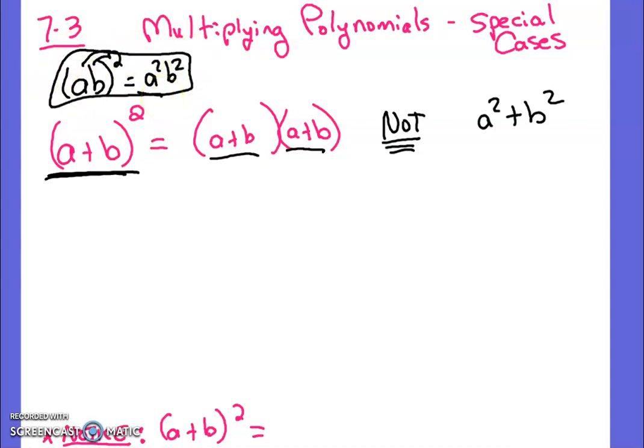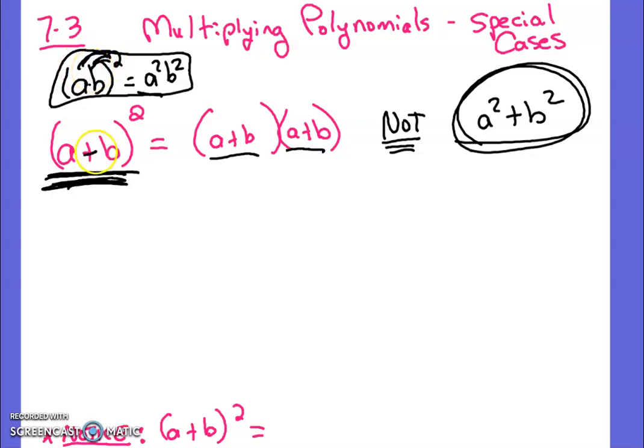But remember that rule only applies if that's multiplication, not with addition. So a lot of students, when they see this problem, will make that same mistake and think it's a squared plus b squared. You cannot multiply those exponents with a plus sign here or a minus sign. It only works with multiplication. So just keep that in mind.